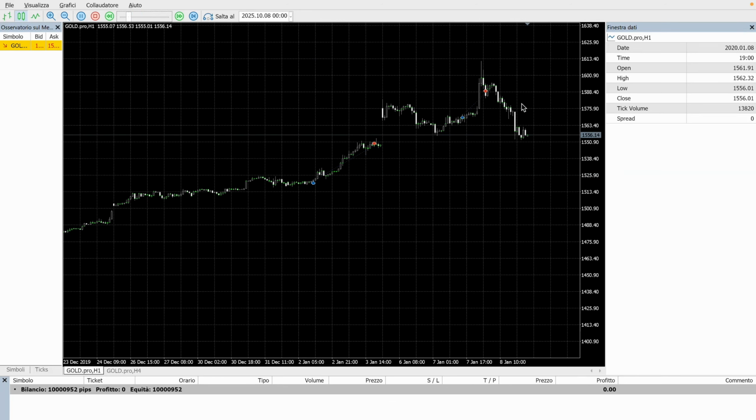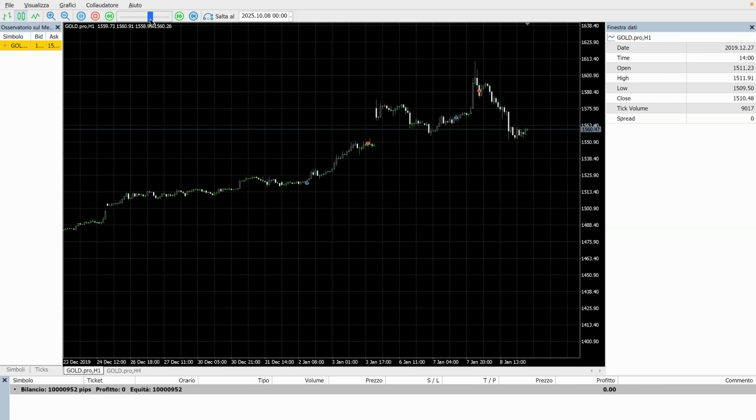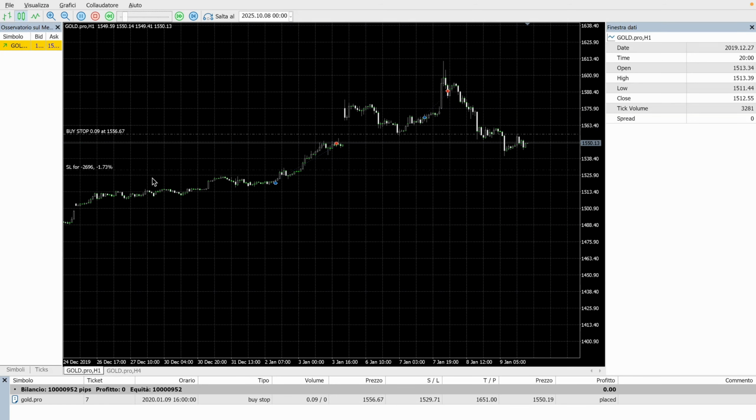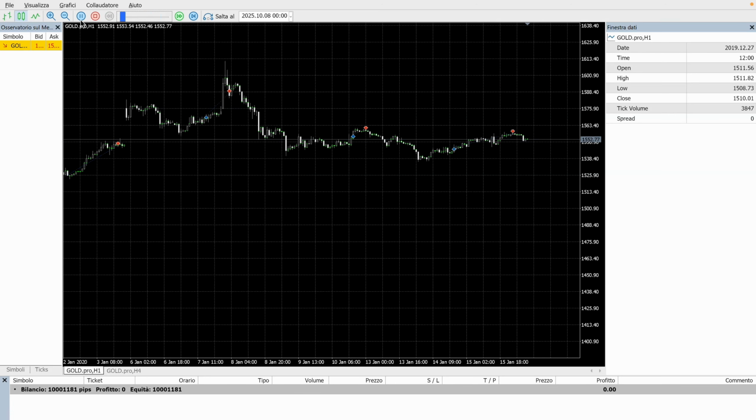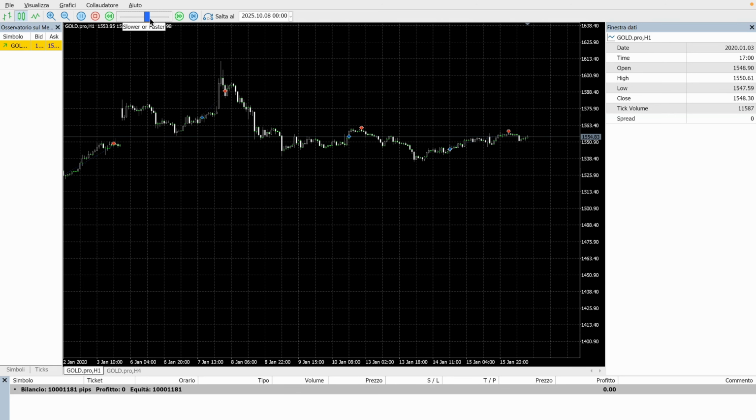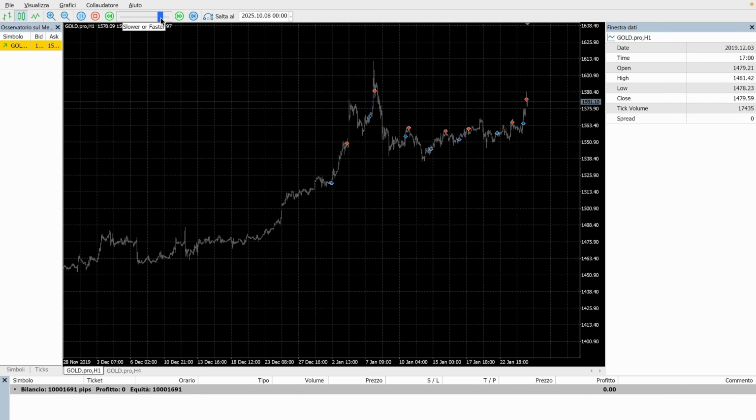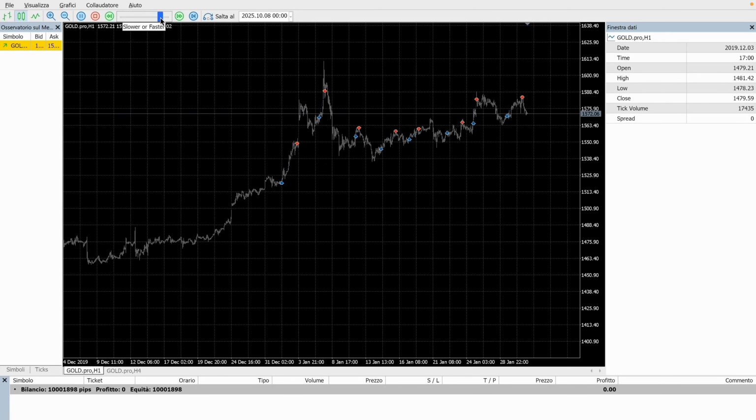And also you saw that the order here expired after some hours, because that was another condition. I don't want buy stop, sell stop there forever. And you saw here that the stop loss was very small also.